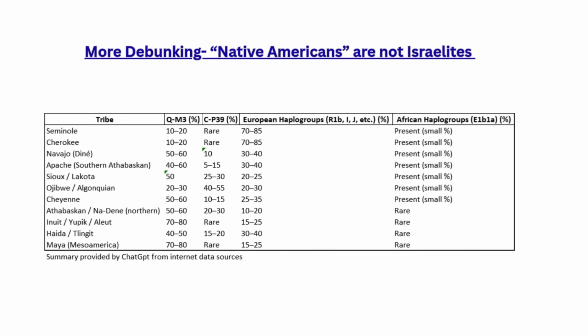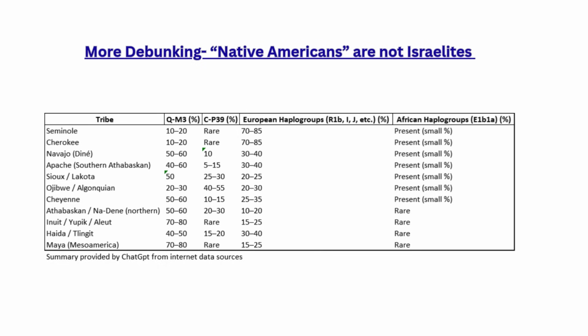Haplogroup Q originated in Siberia. These are Siberian peoples. And haplogroup C originated in East Asia. And then you have European haplogroups. And in the last column, you have African E1B1A. And what you see is that for all of these tribes, you have Siberian, East Asian origins.